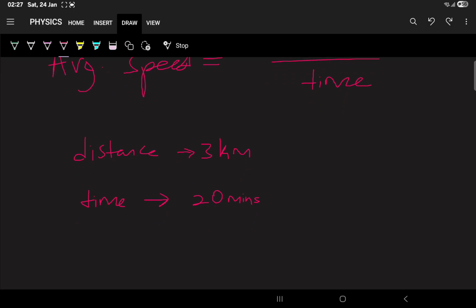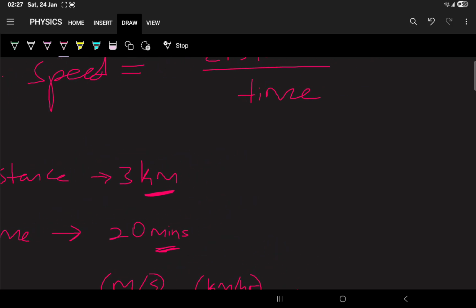When dealing with average speed or velocity, it's in meter per second, which is SI units, or it could be in kilometer per hour, like that. But you want to take a very careful look at the units. Now we see here, this is in kilometer, this is in minutes, so I want mine to be in meter per second. So converting this to meter, 1 kilometer is equivalent to 1000 meter.